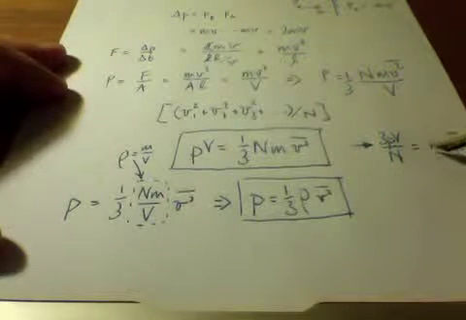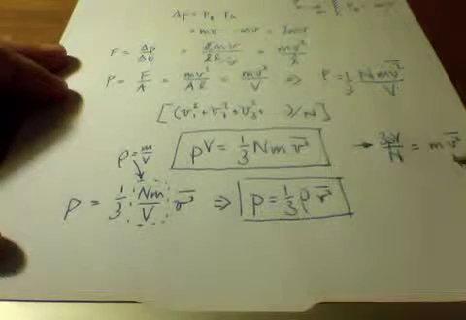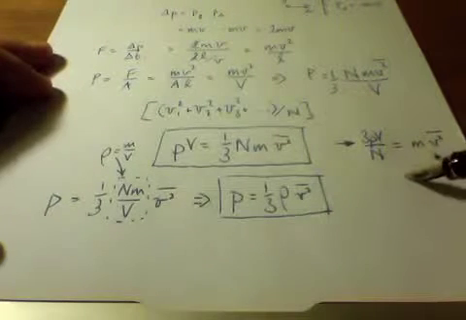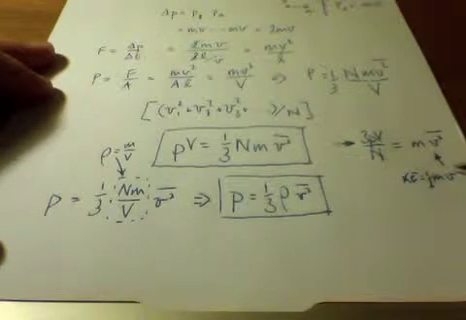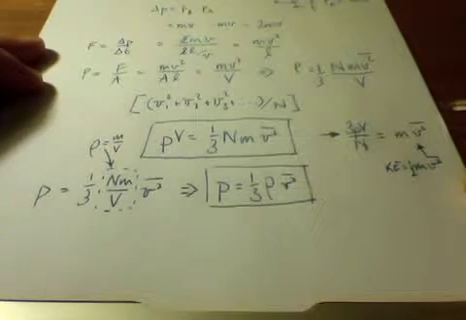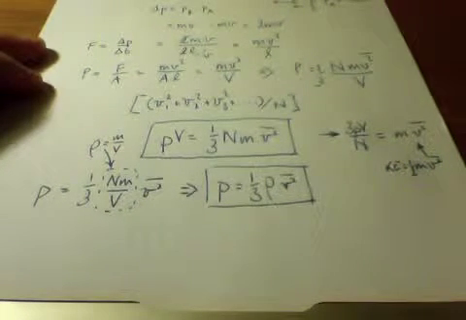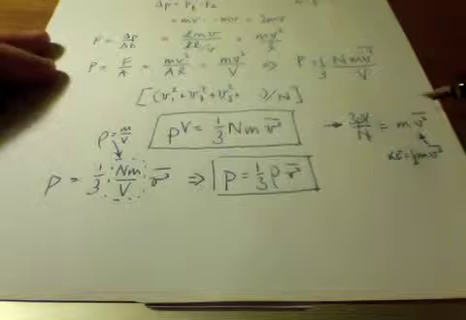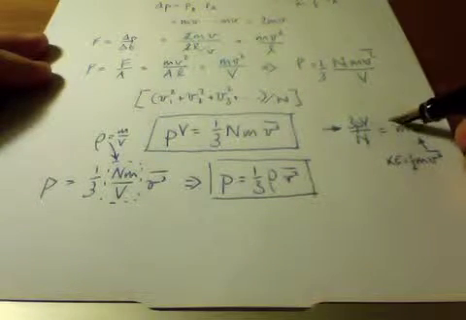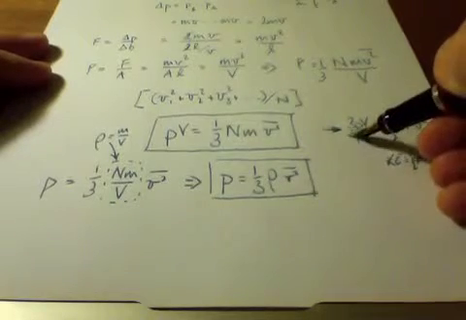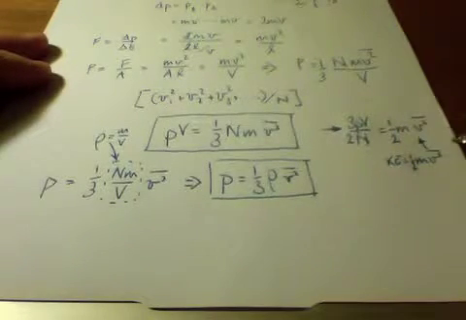Now this isn't very far away from the kinetic energy equation, which is a half mv bar squared. So therefore, bearing that in mind, if I put a half on both sides, then effectively I've come out with a kinetic energy.